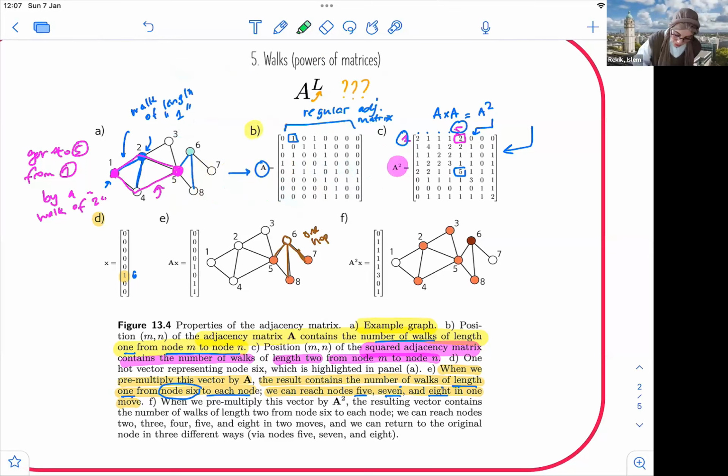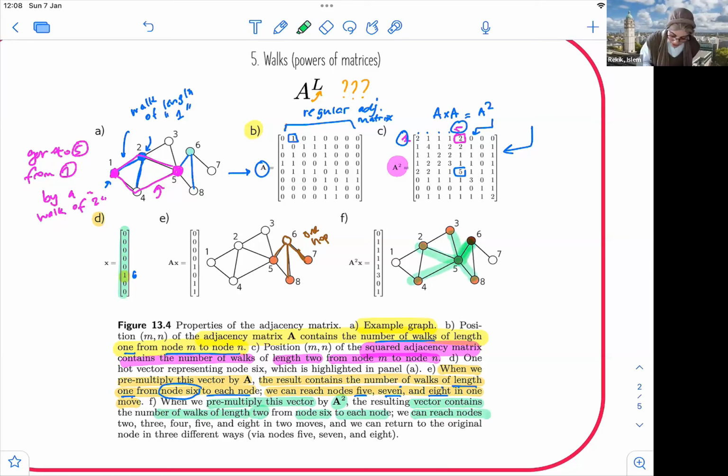Now, on the other hand, when we pre-multiply the same vector by A squared, the resulting vector contains the number of walks of length 2 from node 6 to each node. We can reach nodes 3, 5, 4, and 8.